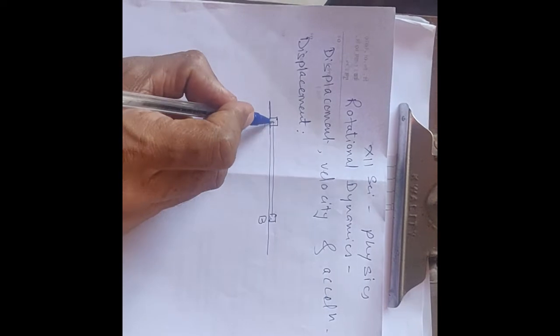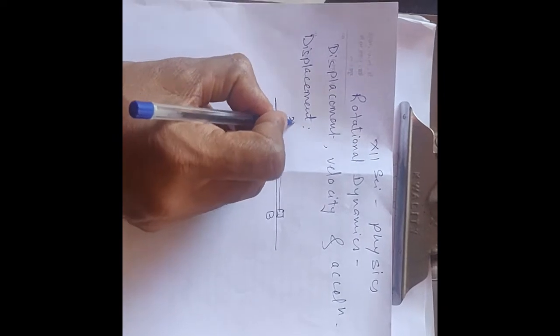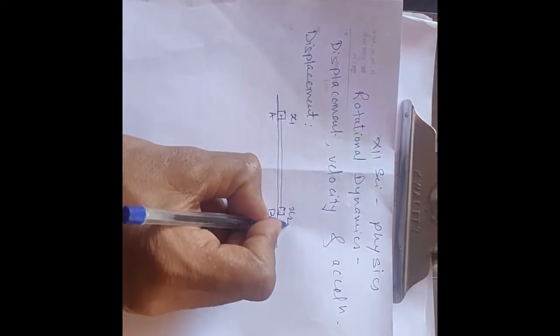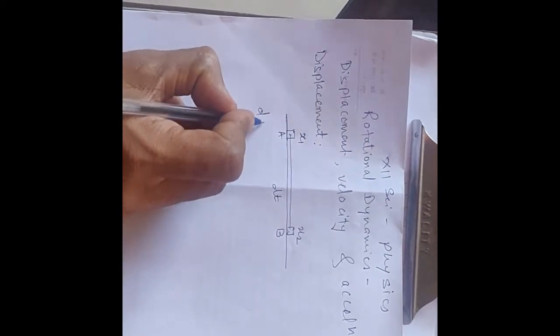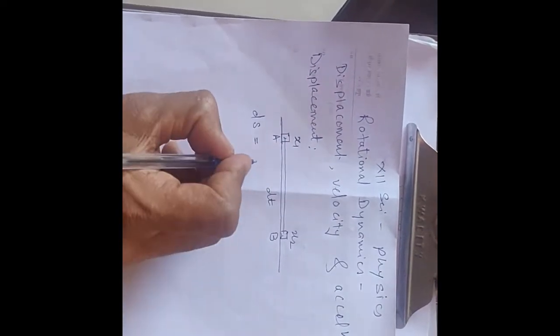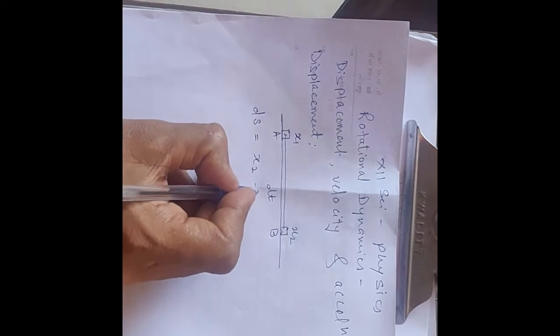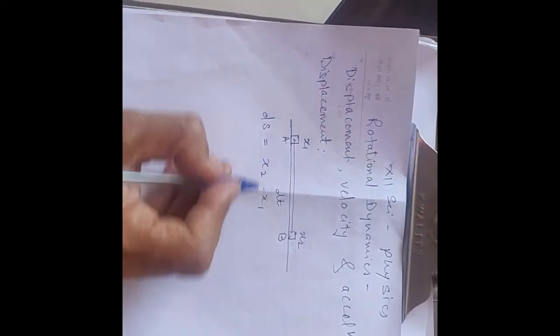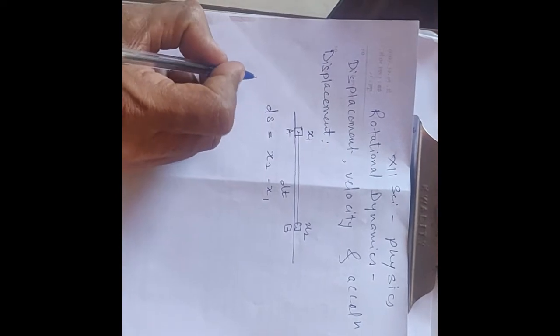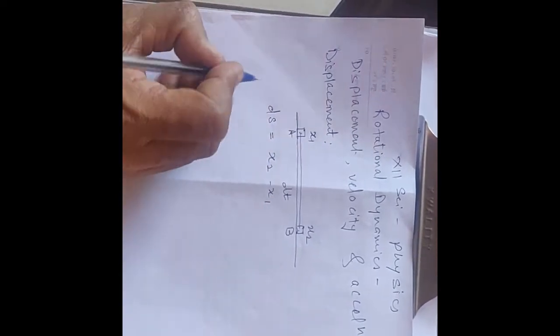So if x1 is the initial position, x2 is the final position in time dt, then the displacement of the object in time dt is given by dx is equal to x2 minus x1. It is a vector quantity and it has a direction from say A to B.